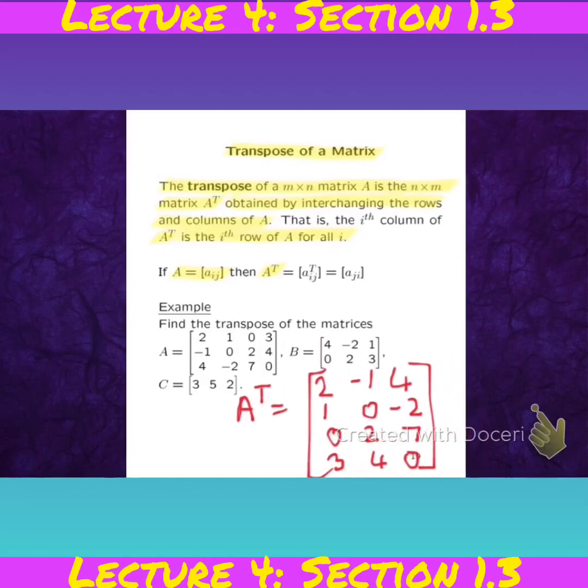Looking at the other one, let's look at C. So C's transpose, again, that's a row, so that is going to become a column. And lastly, B is going to be, again, the same story. So that is going to be 4, 0, minus 2, 2, and 1, 3.